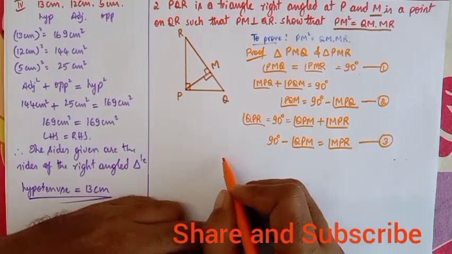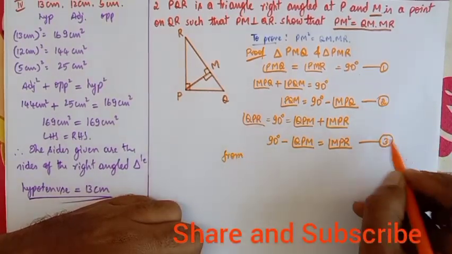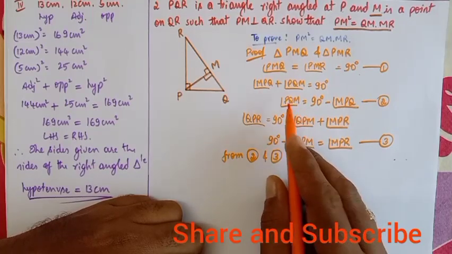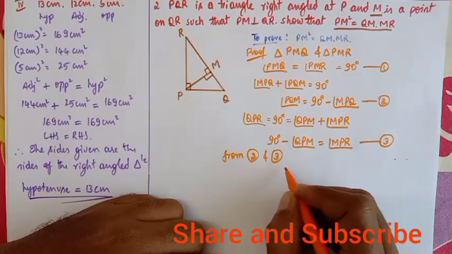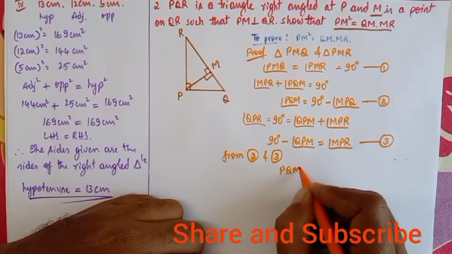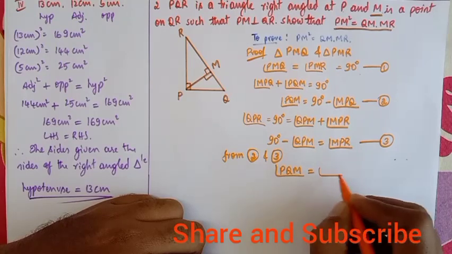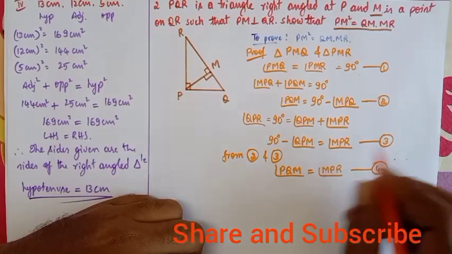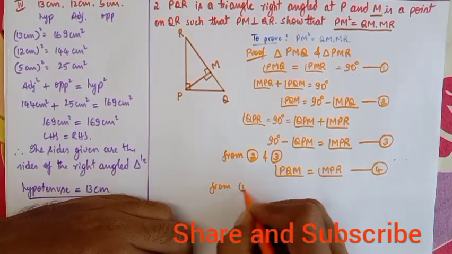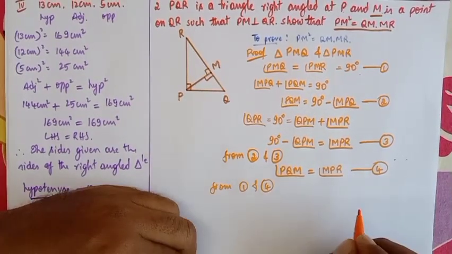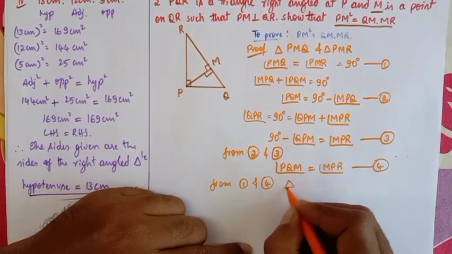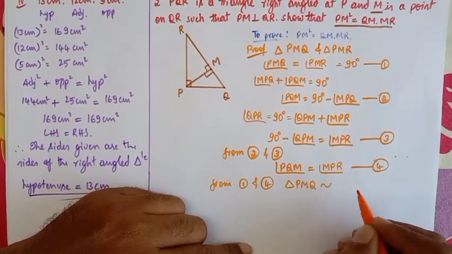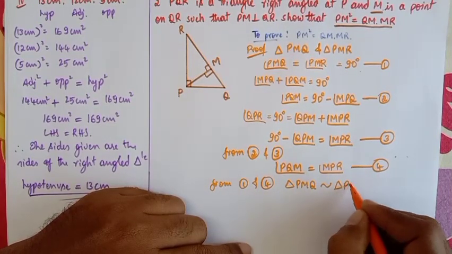So what happens? From 2 and 3, from the axiom 1, we can say that angle PQM is equal to angle MPR. We will call this as 4. From 1 and 4, we can say that triangle PMQ is similar to triangle PMR.